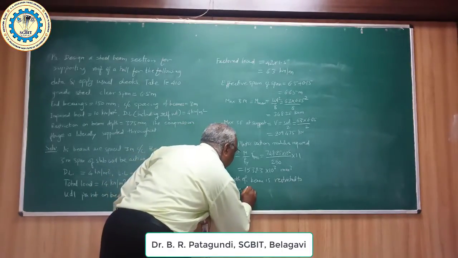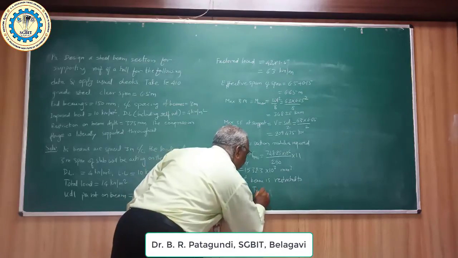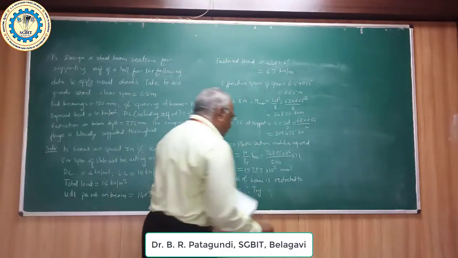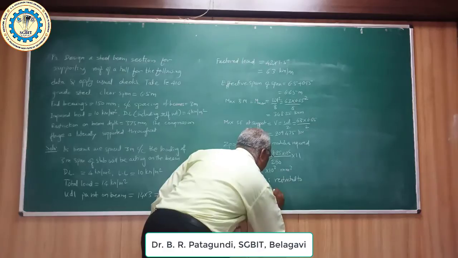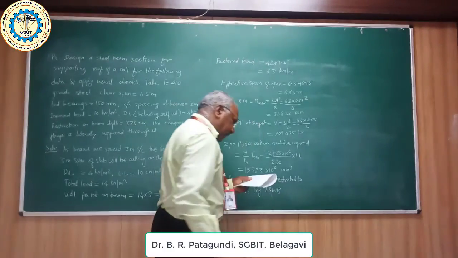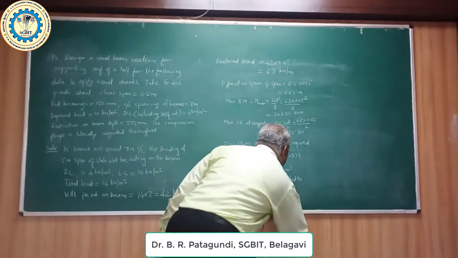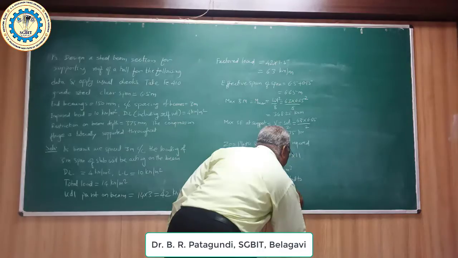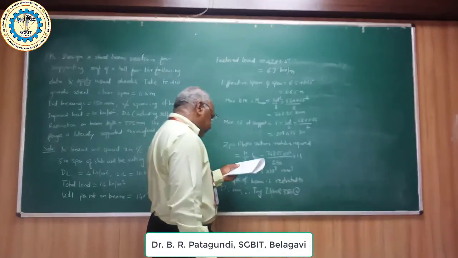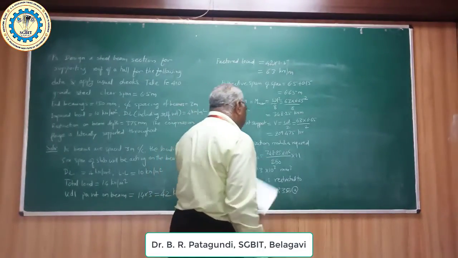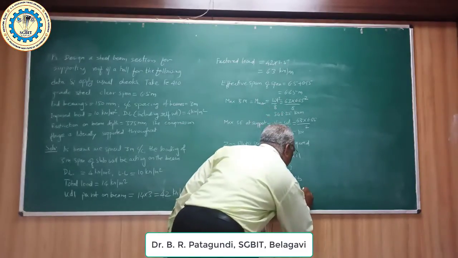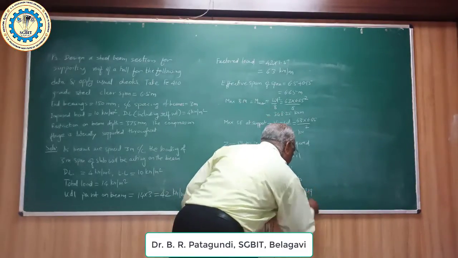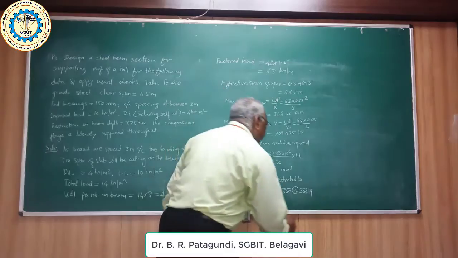Therefore, try ISWB 350 at 558.19 Newton per meter.